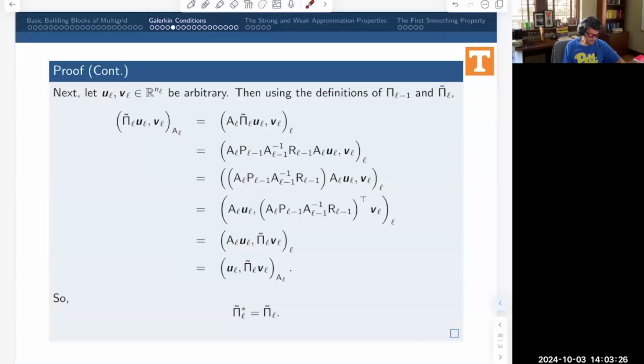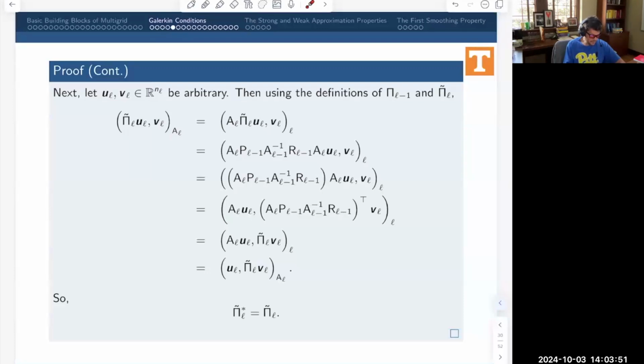All right, so now we want to show that no matter what, pi L tilde is always self-adjoint with respect to the energy inner product. So this just requires writing out the definitions. A lot of the proofs that we do in this class really do come down to just figuring out what this says.